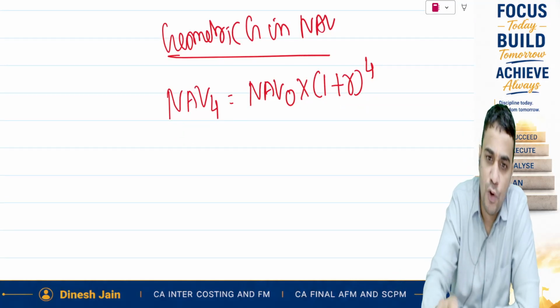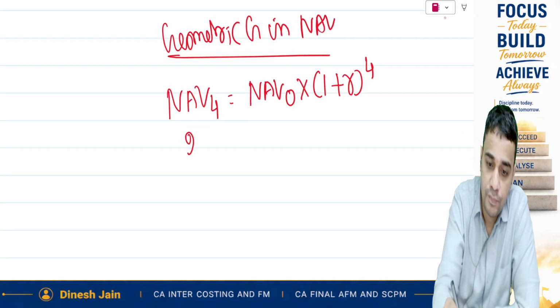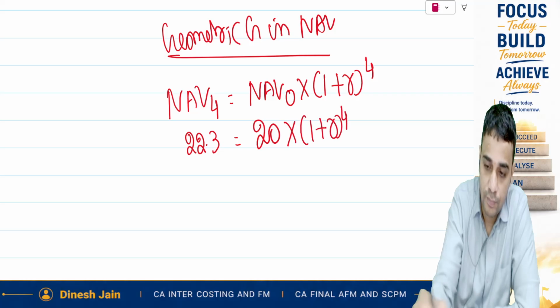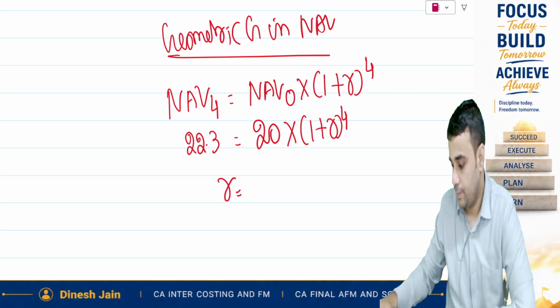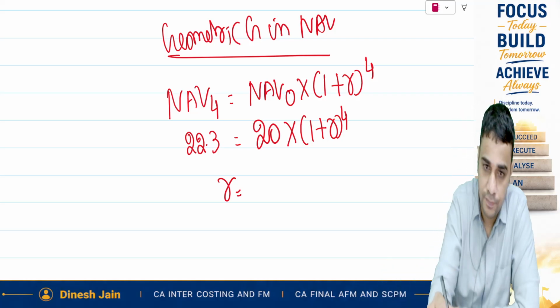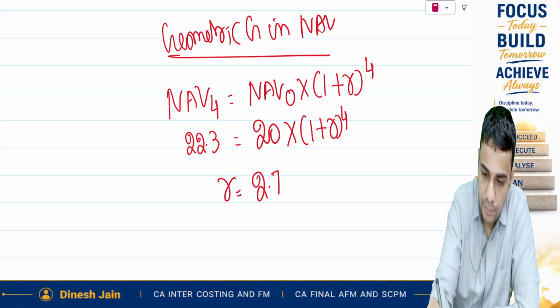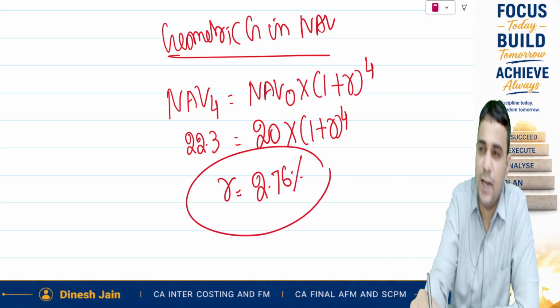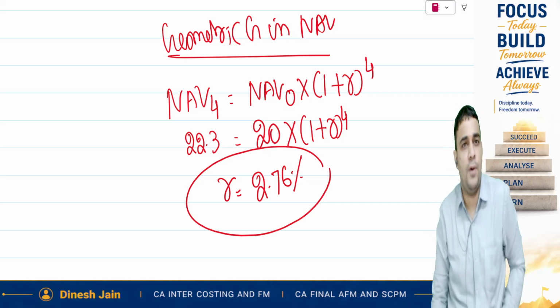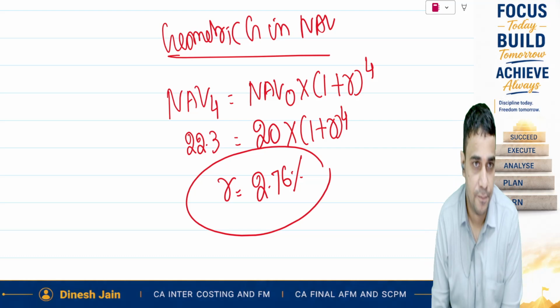What is the NAV 4? 22 point something. And that was around 3.77, approximately 1% extra; exact calculations only the calculator can give.